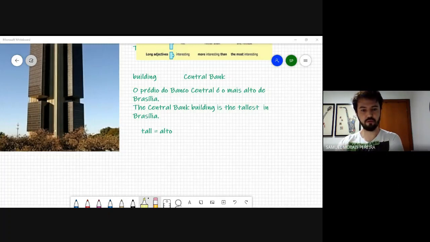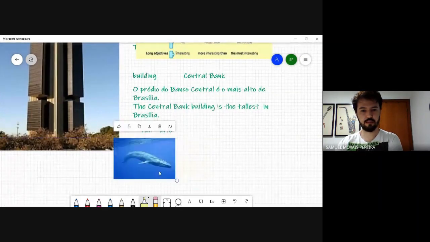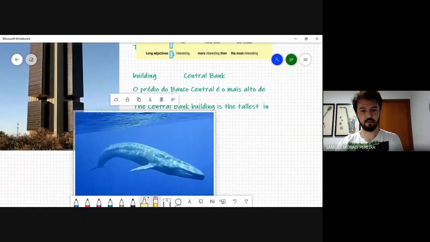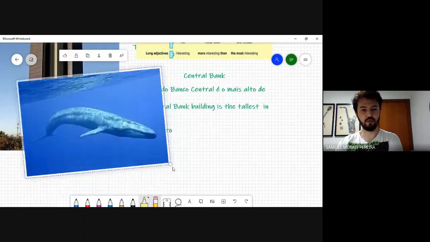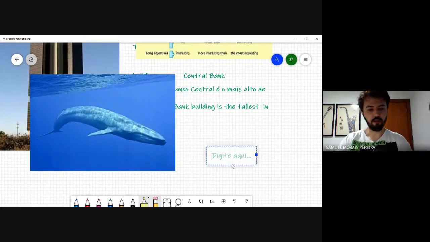I'm gonna show you the picture of a whale. Katia, this is the blue whale, okay? We say the blue whale, okay?